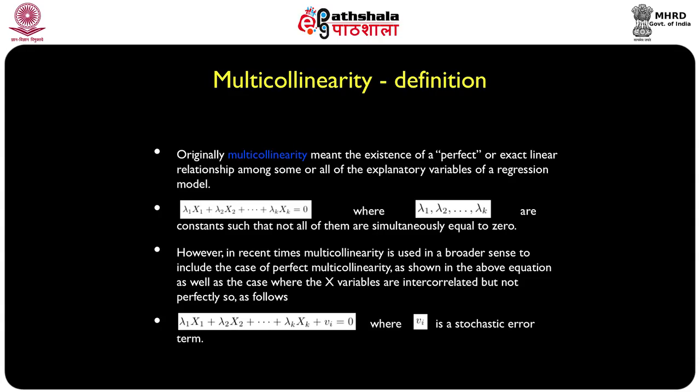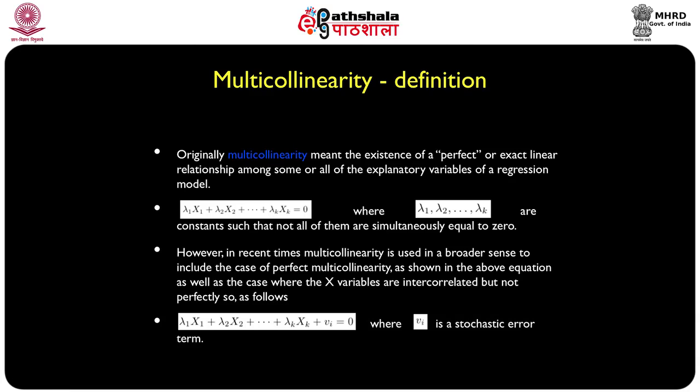However, in recent times, multicollinearity is used in a broader sense to include the case of perfect multicollinearity as shown in the above equation, as well as the case where x variables are intercorrelated but not perfectly so, which can be written as follows.